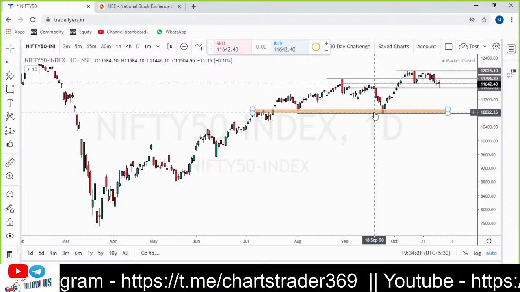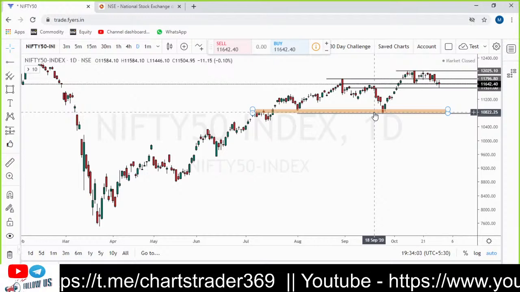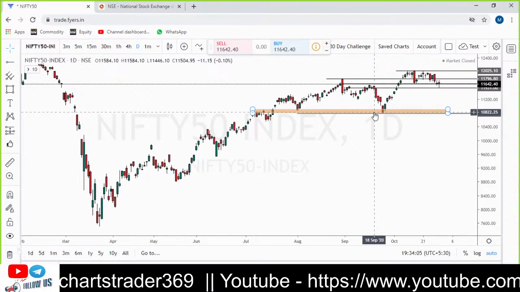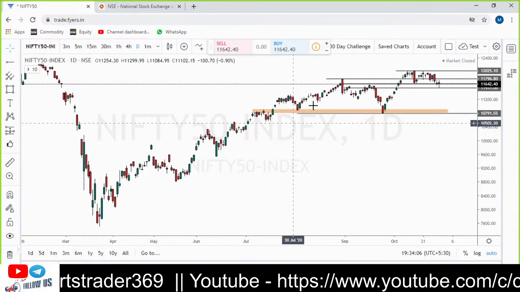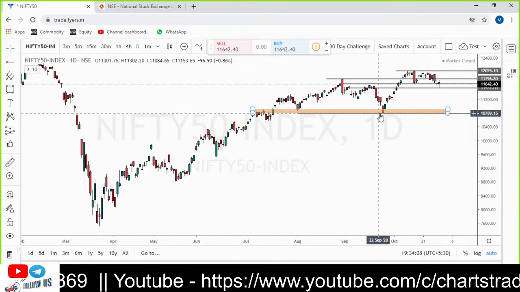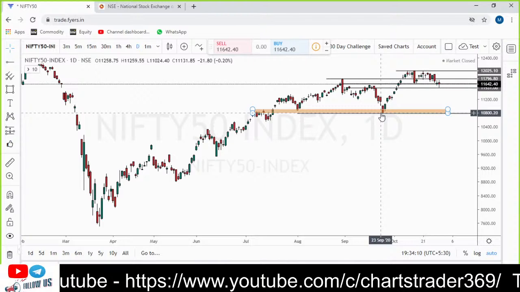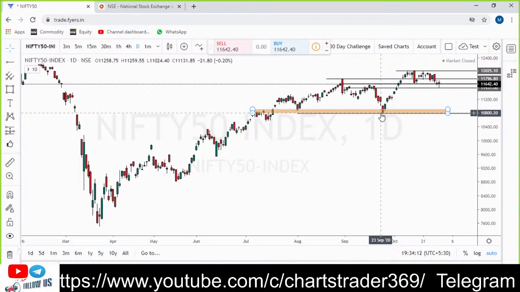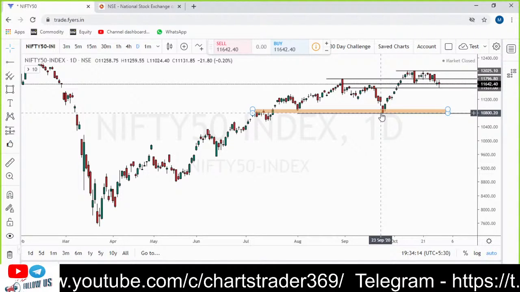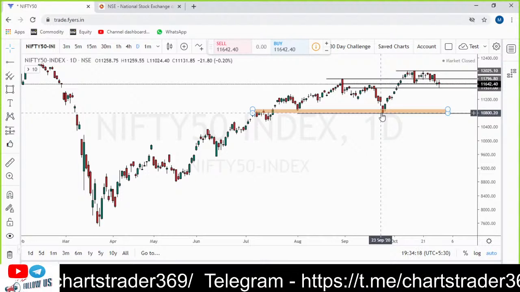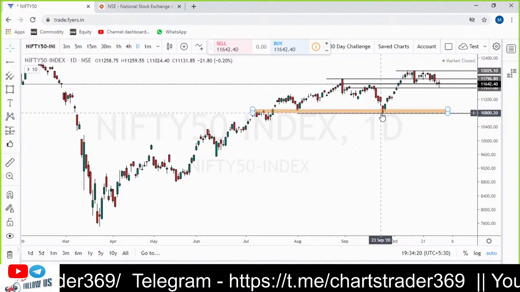It is not that you will be finding a best entry in 5 minutes or best entry in 1 minute. Since you already know this is the support area, you can go to any time frame to take your entries, whether it can be 1 minute, 3 minutes, 5 minutes, 1 hour, whatever it is.